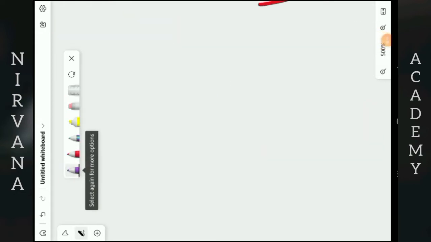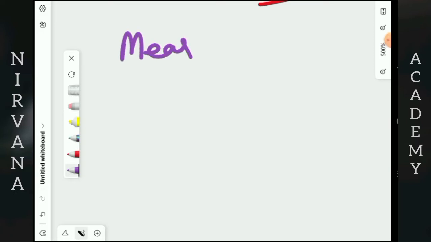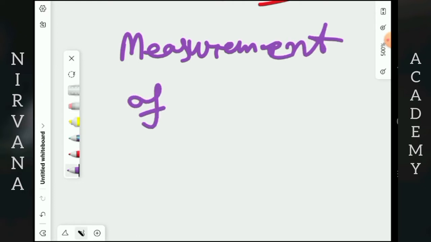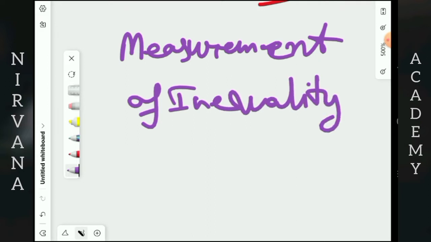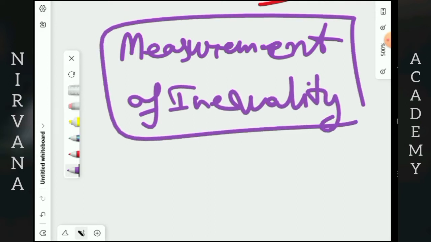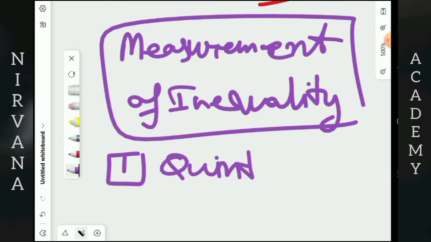After this, the second thing is, how can we measure inequality? Measurement of inequality. So there are various methods to measure inequality. First of them is quintile ratio.